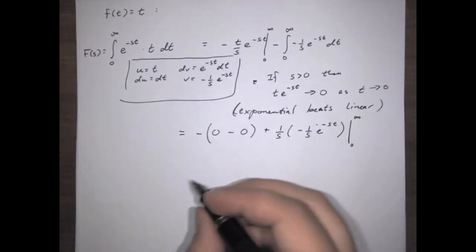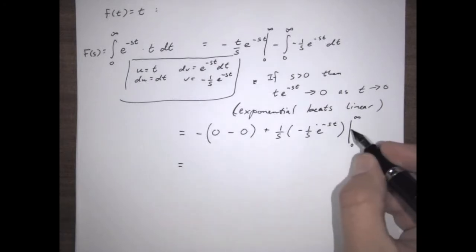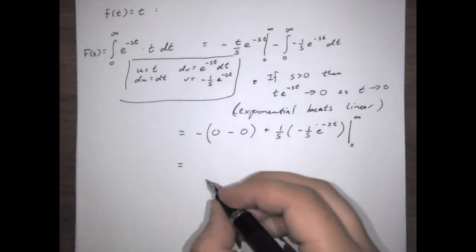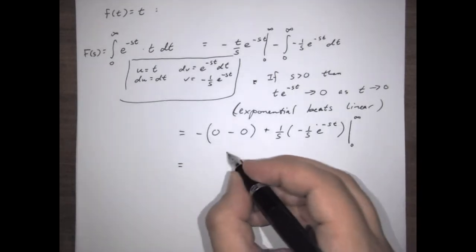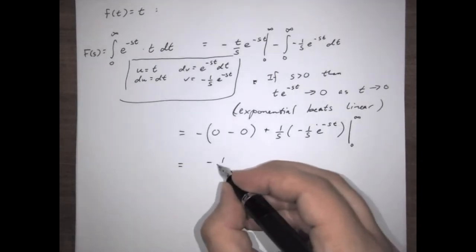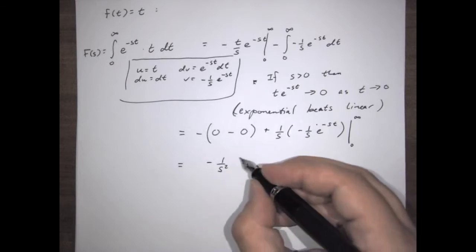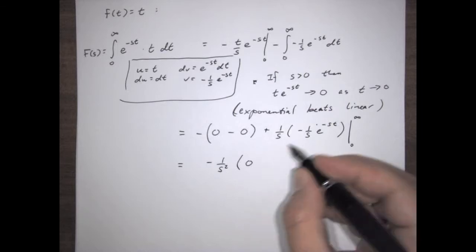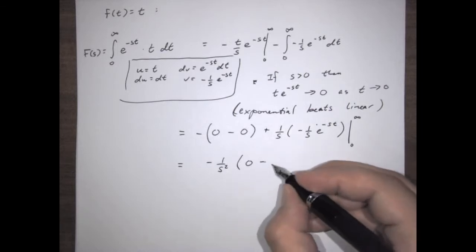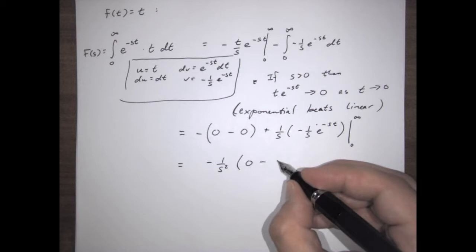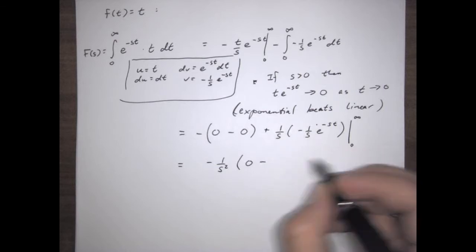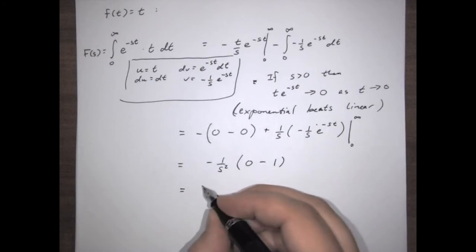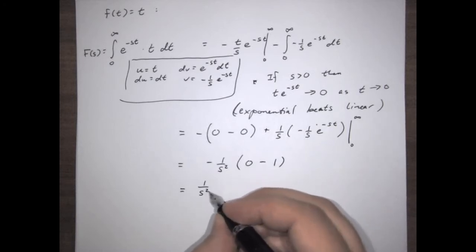And if s is greater than 0, then this part is going to be going to 0, and this part will be fixed at 1. So this is going to be equal to negative 1 over s squared, and then what we're talking about here is going to be a 0. I pulled out the negative, so it's going to be minus, and then 1 over s, I pulled that out, so then it's just going to be minus 1, which is going to be equal to 1 over s squared.